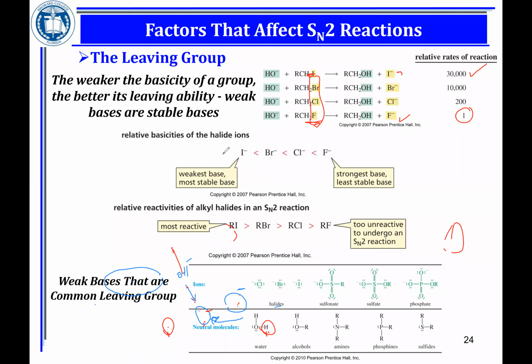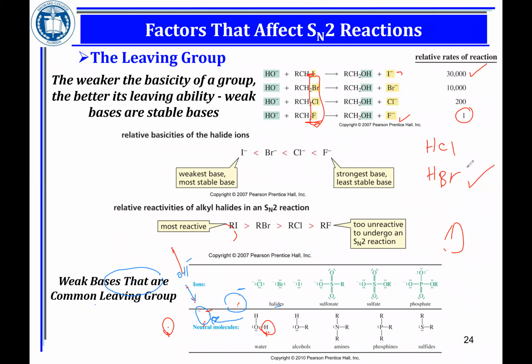And what type of leaving group is going to be a better leaving group? If you end up with a weak base, it is a better leaving group. Which one is a stronger acid, HCl or HBr? HCl.